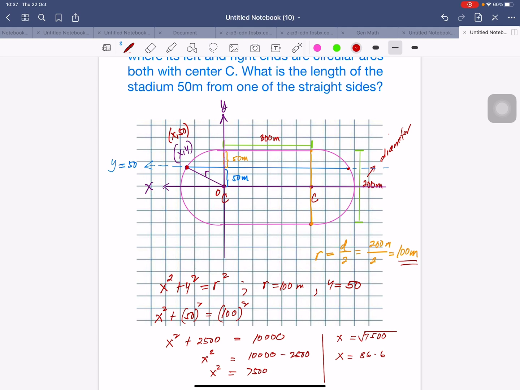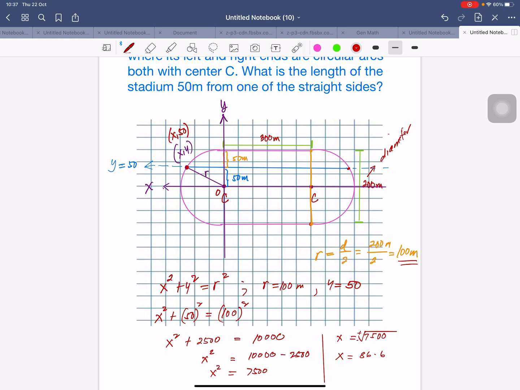If we are going to get the coordinate, because it's on the left side, it's negative 86.6. So the coordinate here is plus or minus 86.6.